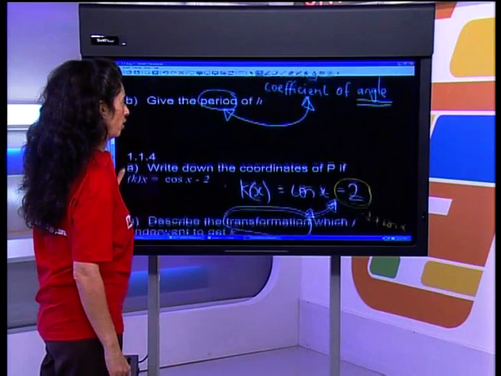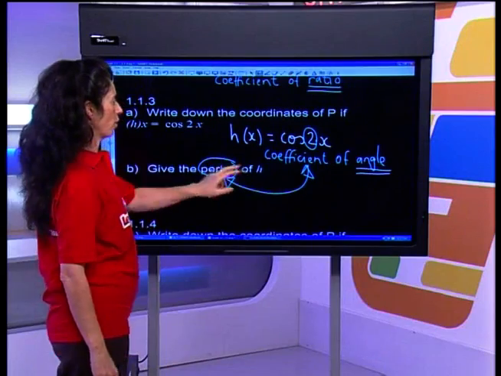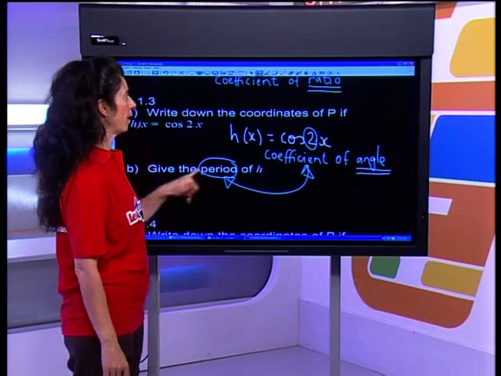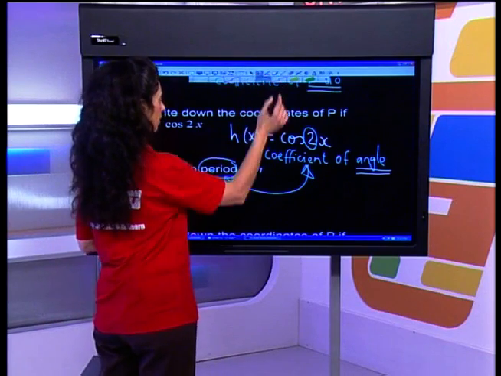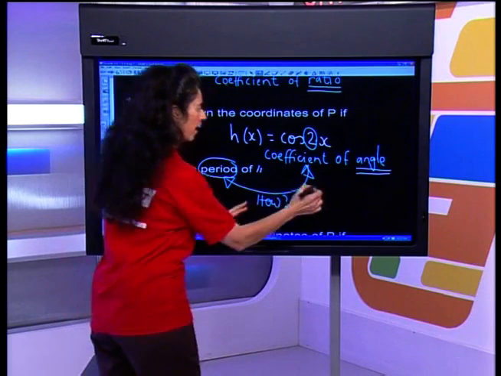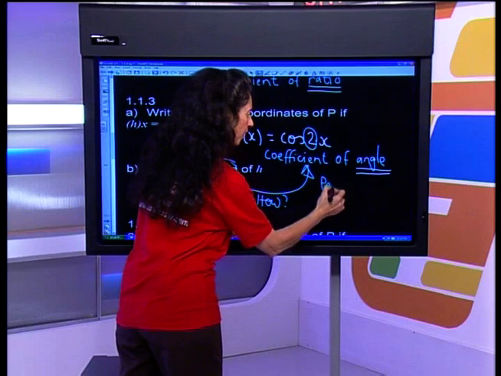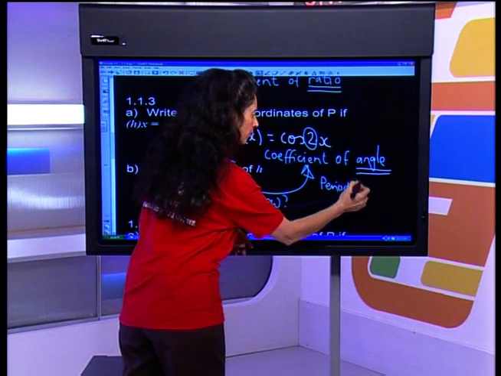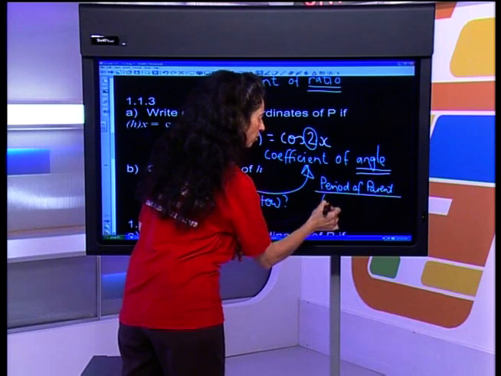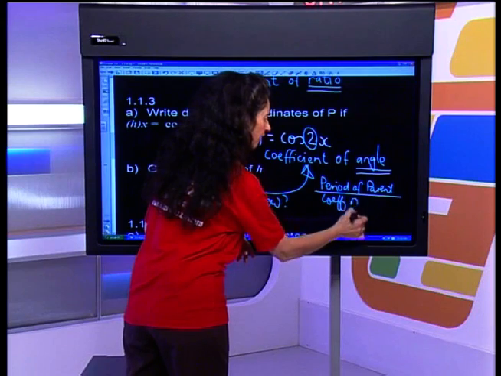To go back to the question, the coefficient of the angle will affect the period. How will it do that? It will affect it by the period of the parent graph divided by the coefficient of the angle.